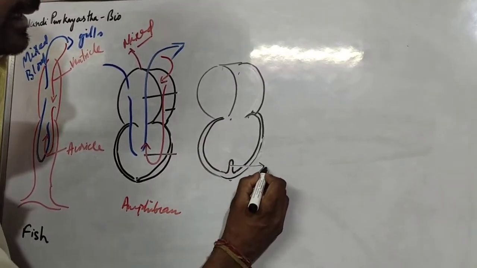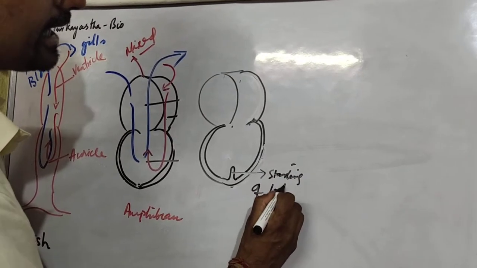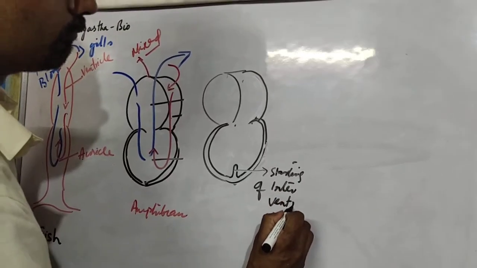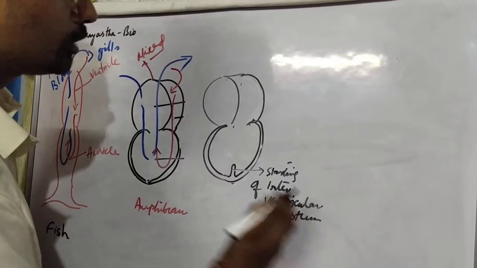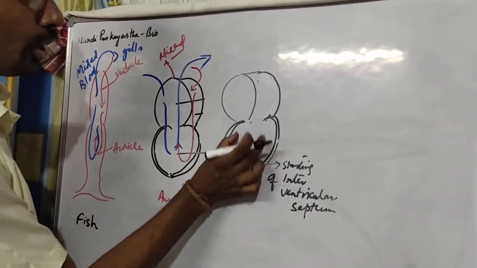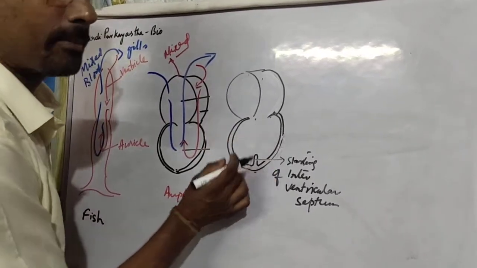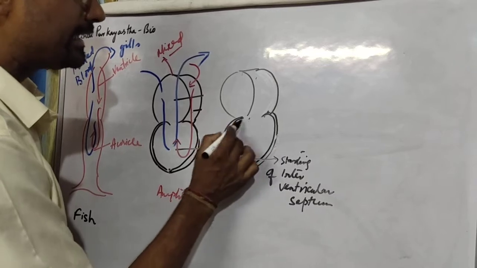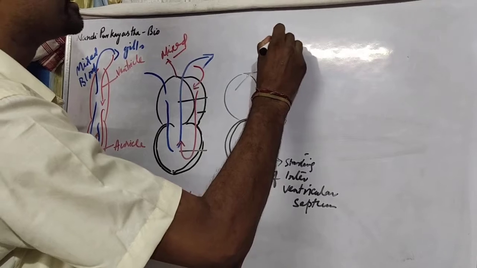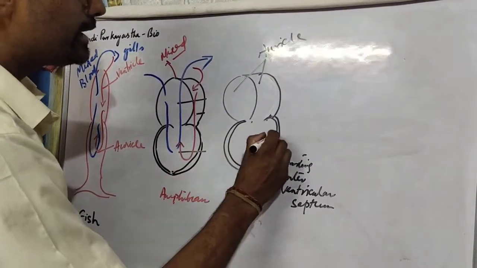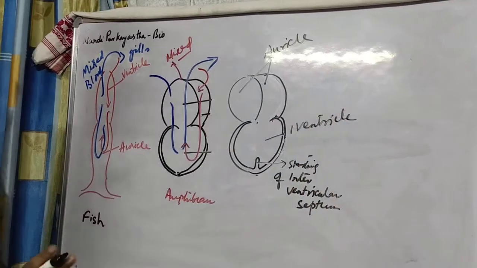It is a starting of interventricular septum, not completed. So even though it is started, we cannot call it to have two chambers. So it is having one chamber. So auricle, two auricles. That is correct. But ventricle is one. How many ventricle? One ventricle. So the process remains the same.